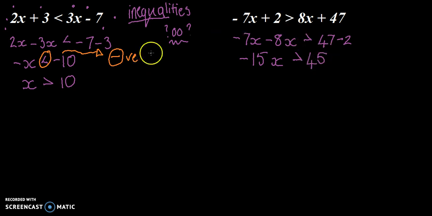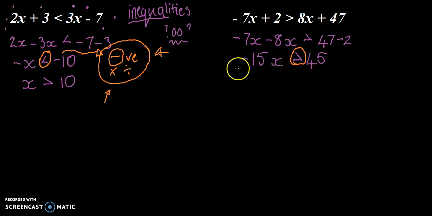What did I say the only thing that was different about inequalities and equations? I'll give you a clue. Do you see the clue? When we multiply or divide by a negative number, the inequality sign changes direction. Now in this case, we need to get rid of the negative 15. It's multiplying x, which means we're going to divide both sides.